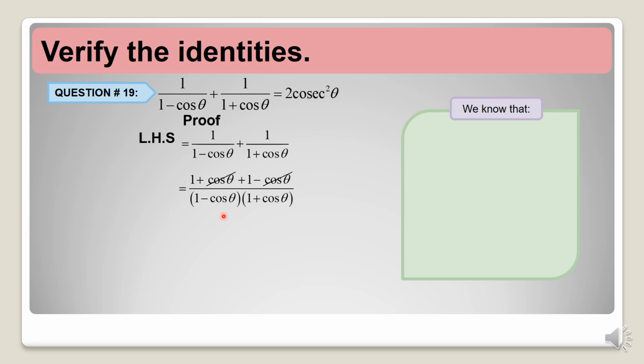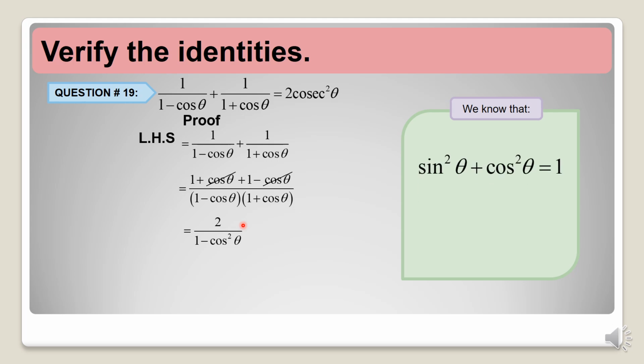We will be left with only 1 plus cos theta, which is going to multiply with 1 in the numerator. In a similar manner, in the denominator, 1 plus cos theta will be cancelled with 1 plus cos theta, and it will be multiplied by 1 minus cos theta in the numerator. Opposite sign values, sine theta and cos theta, will be cancelled. 1 plus 1 makes 2, so we have 2 over 1 minus cos square theta.